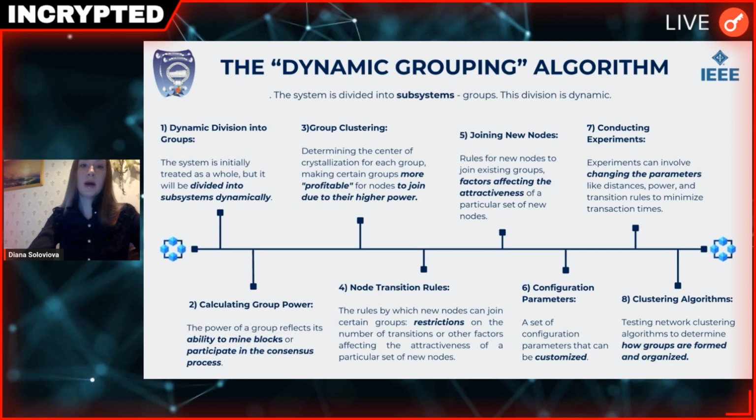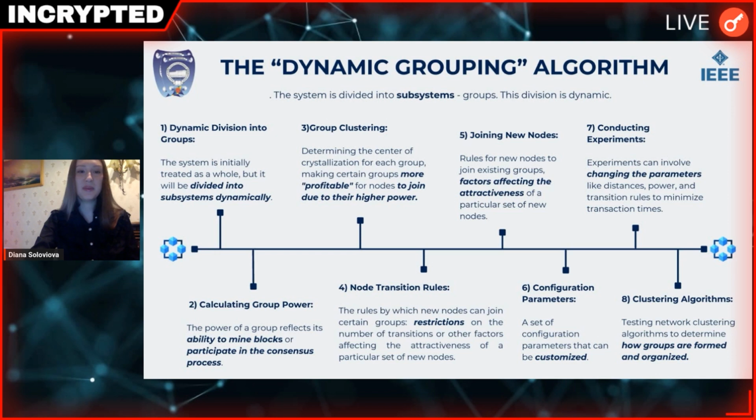The system is divided into subsystem groups, and this division is dynamic. Firstly, the system is initially treated as a whole, but it will be divided into subsystems dynamically. This division into groups is based on the concept of power of a group, which is calculated for each group.